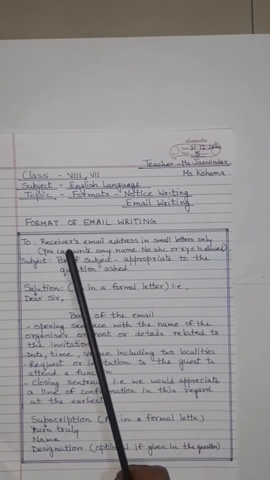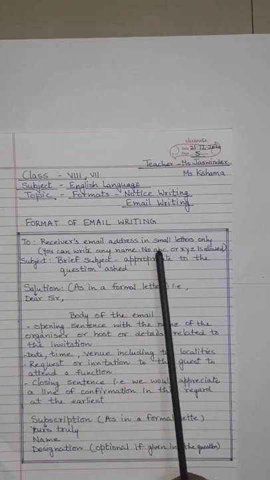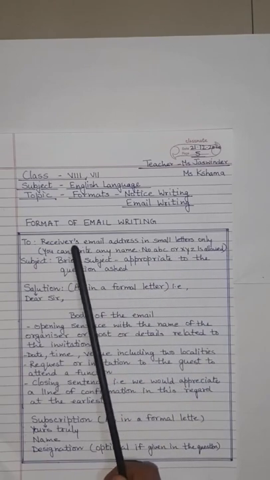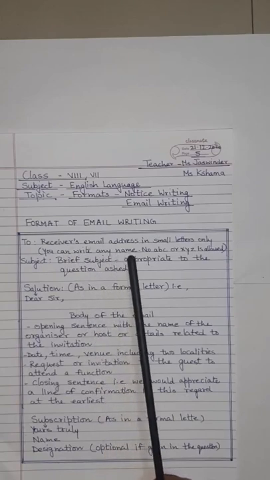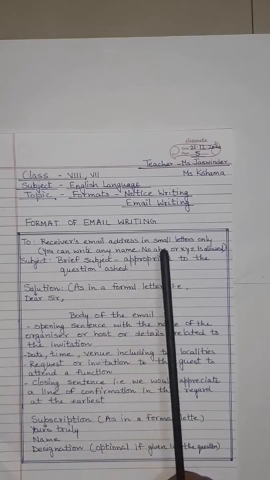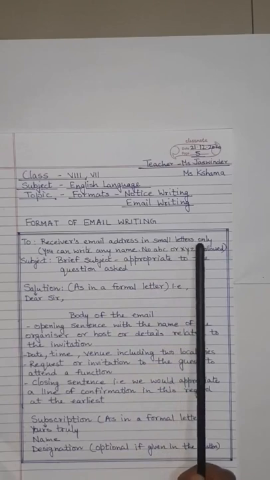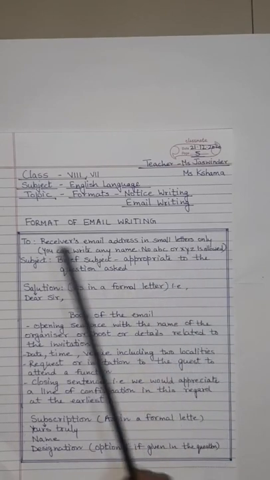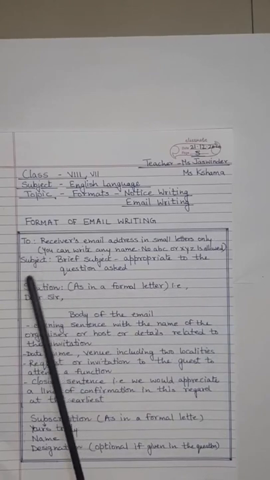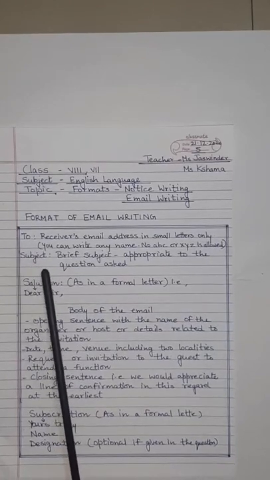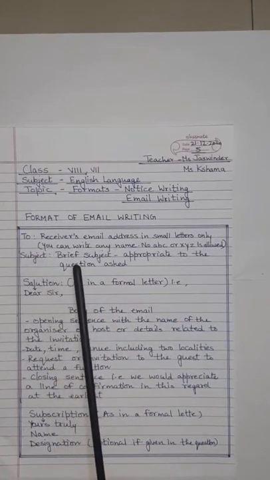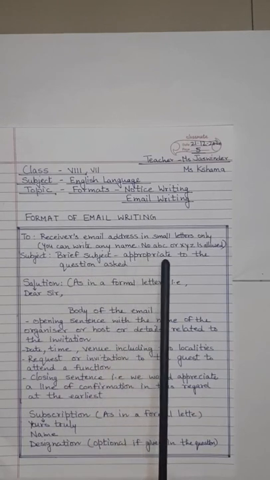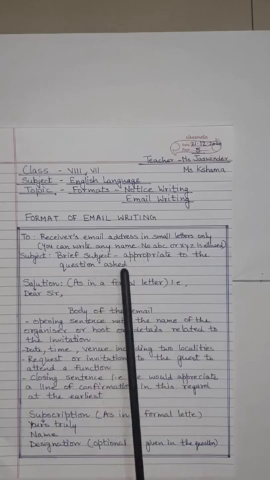So, in place of XYZ or ABC, you can write any name, and it should be in small letters without giving a space. So after that, what will you write? The subject. Subject, a brief subject should be written appropriate to the question asked.